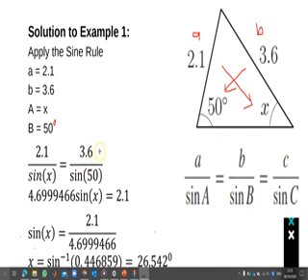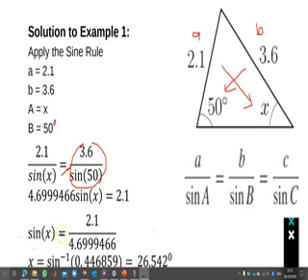So 3.6 divided by sine 50 degrees gives 4.6994. Then we cross multiply, putting sine X on this side to simplify the calculation. After simplifying, we get 4.6994 multiplied by sine X is equal to 2.1.